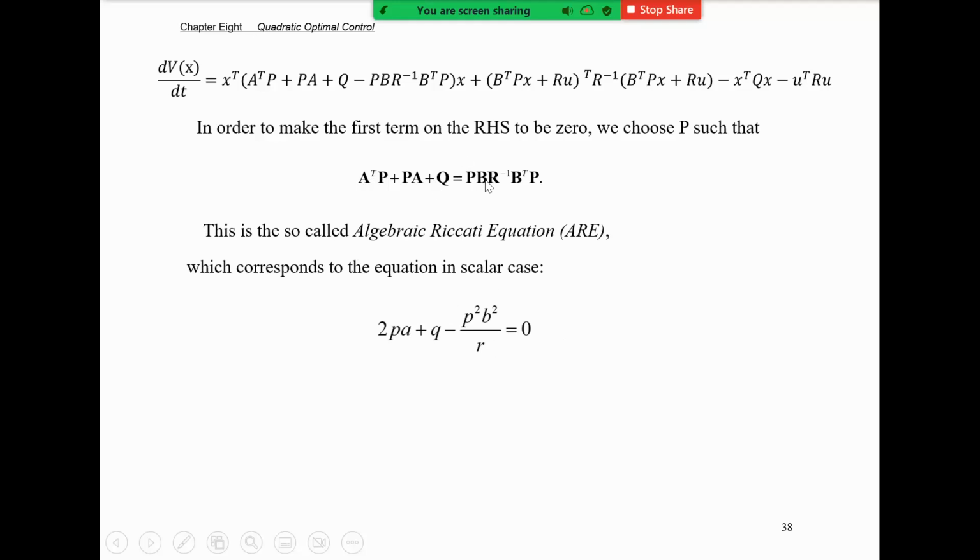We have this Q, and P square, B square, R inverse would be the denominator. But because now we are dealing with matrices, if we convert this into a matrix, it looks more complicated. But anyway, that is the equation that this P has to satisfy. Okay?